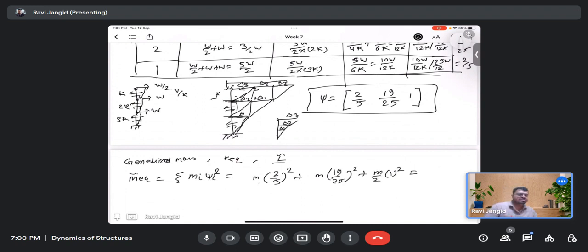Okay, so can you give me how much you are getting generalized mass? So we are getting it as 1.2376 m. Is it okay?